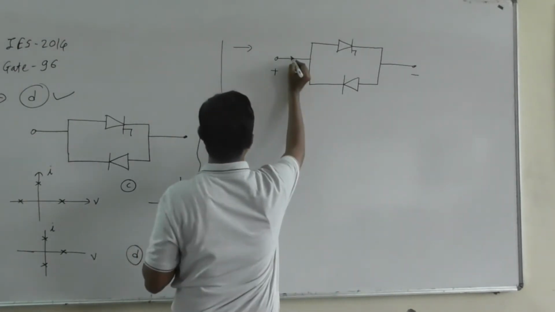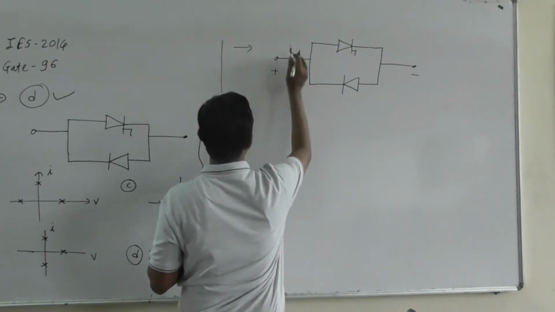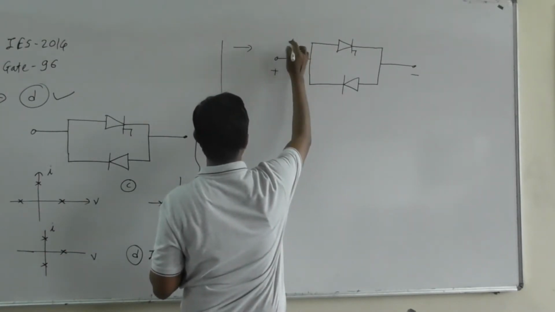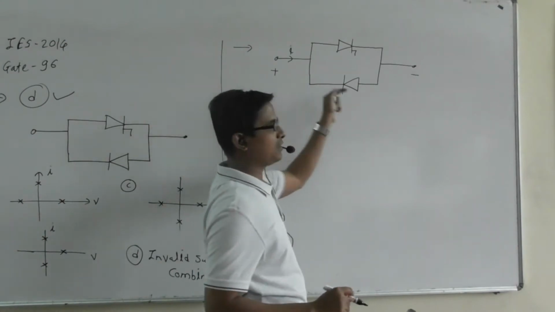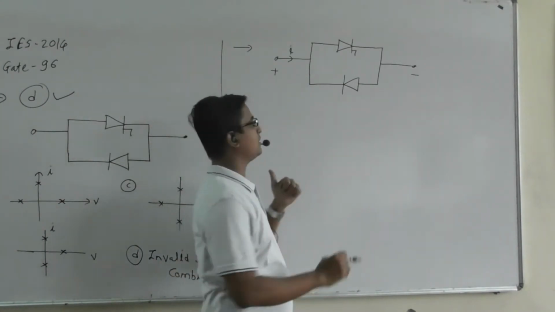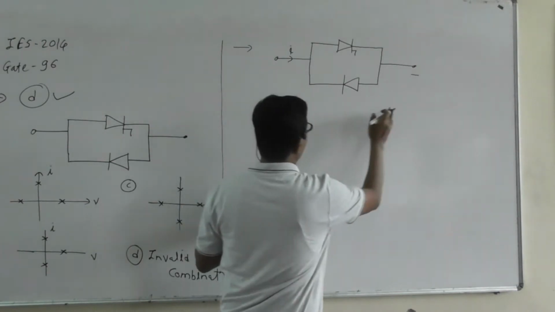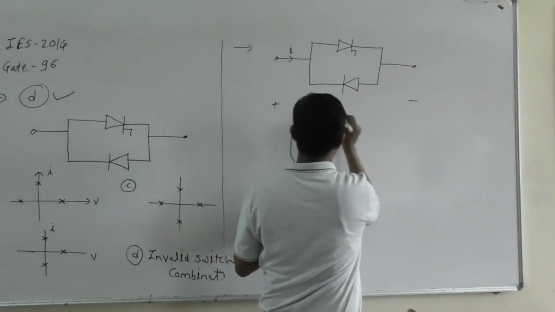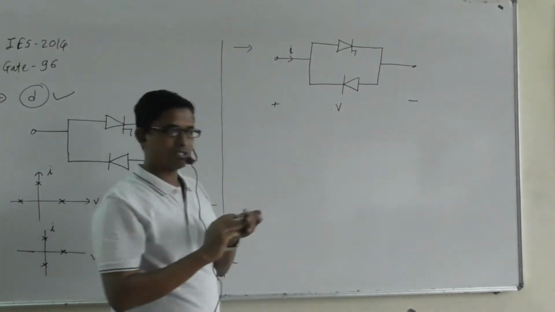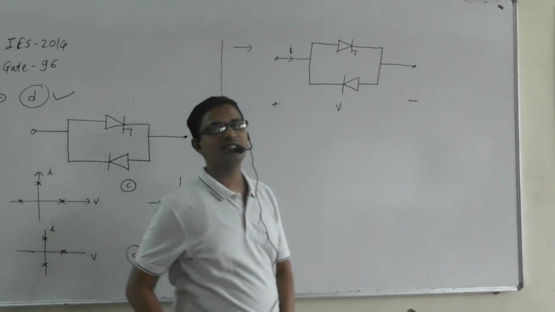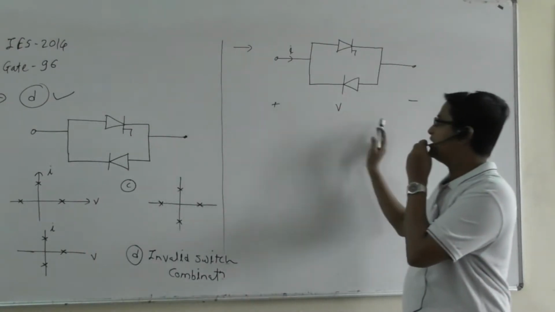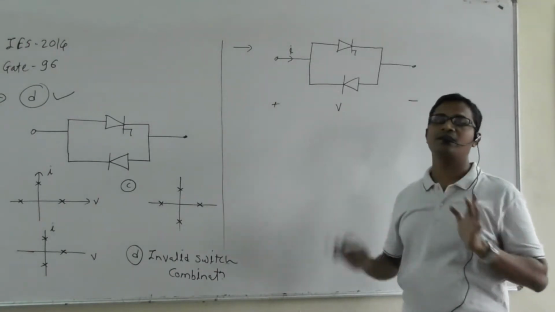This is the current flowing through the switch, I. Positive current, and the reverse will be negative current. Plus here and minus here indicates the forward voltage. Are you getting the point? This is the forward voltage and this is the forward current direction.